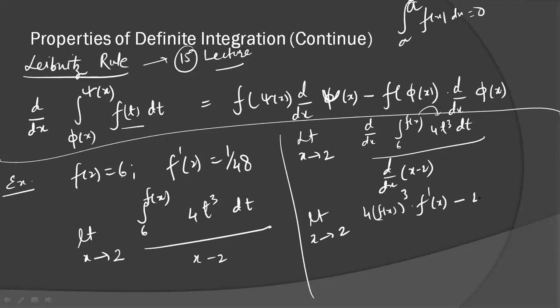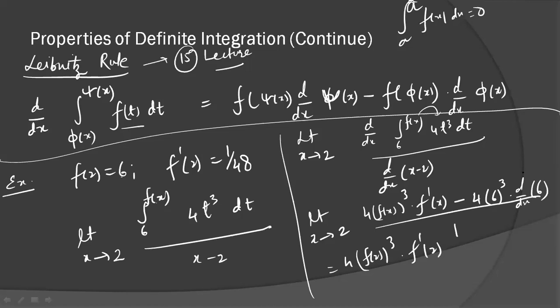Put lower limit in the place of t, it will be 4 into 6 cube, and differentiation of lower limit, differentiation of 6, will be 0 because the derivative of a constant is 0. In the denominator, differentiation will be 1. Put x equal to 2, it will be 4 f2 whole cube into f dash 2, and f2 is 6 and f dash 2 is 1 over 48. So if you simplify it, you will get 18 as the answer for this problem.